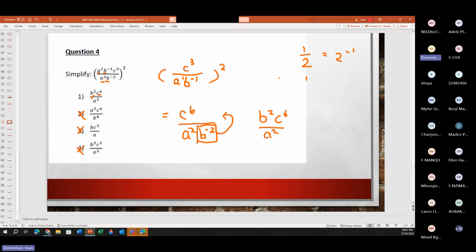Okay, so if we say 1 divided by 2 to the power of 1, work that out on your calculator. So 1 divided by 1 over 2. It should then give you 2.